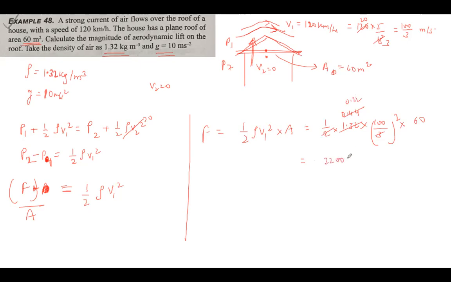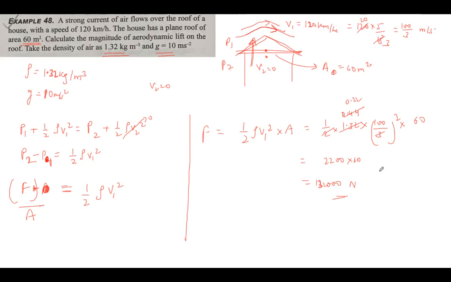So this is 2200 into 60, 132,000. So this is the amount of force which is being applied. We are doing some mistake. I'll just check the answer again on the calculator. So this is 1.32 into 100 into 100.